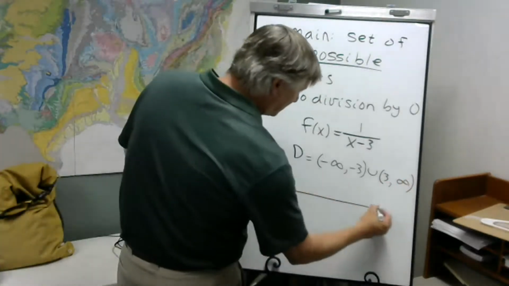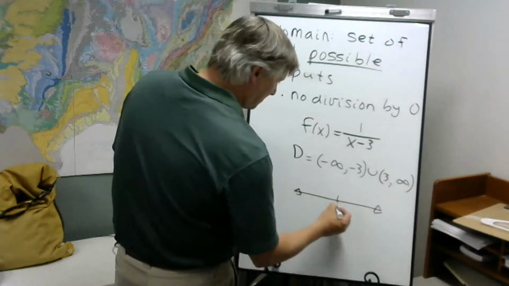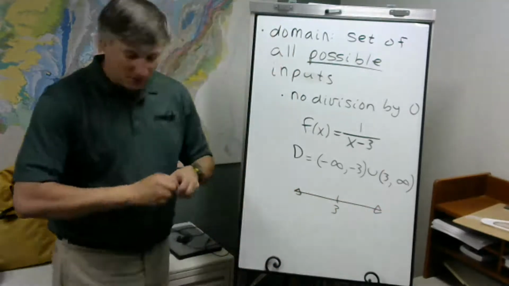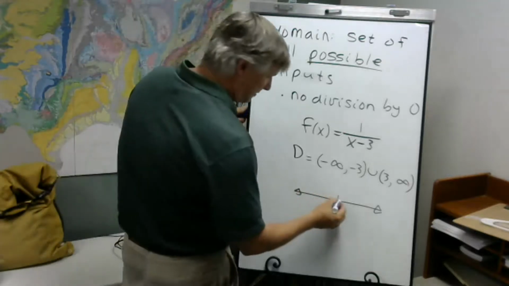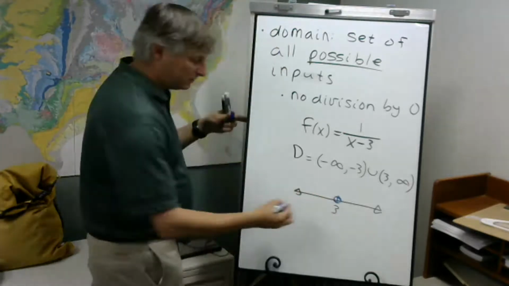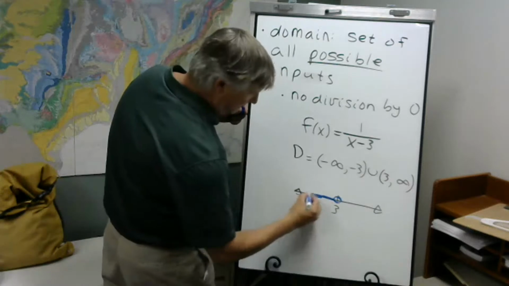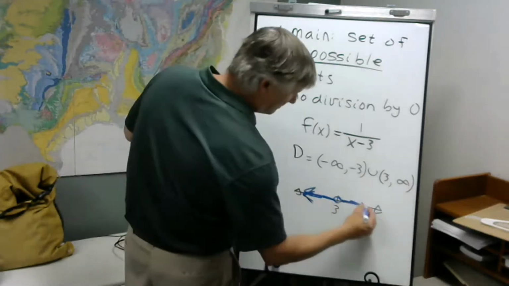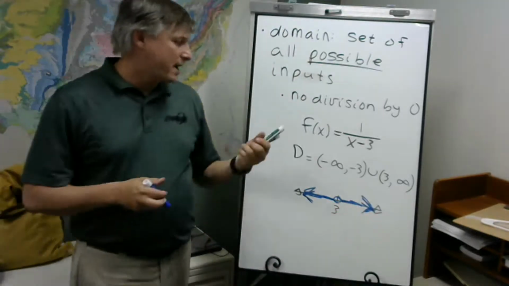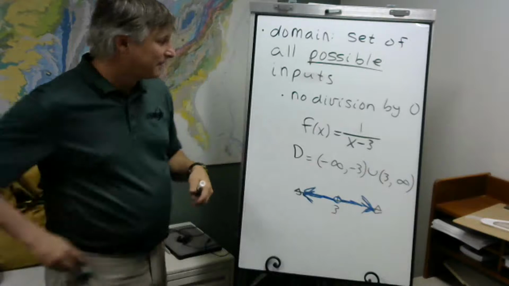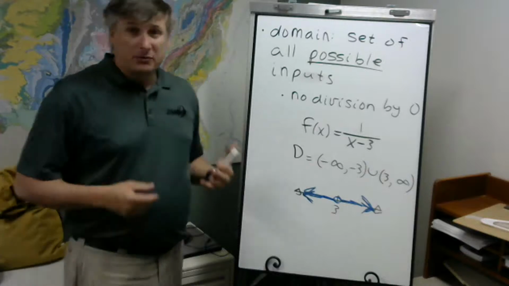If you were to graph this on a number line, 3 would have a hole, but you could take everything else. And so that's what we would have, no division by 0. So that's one thing we try to avoid.